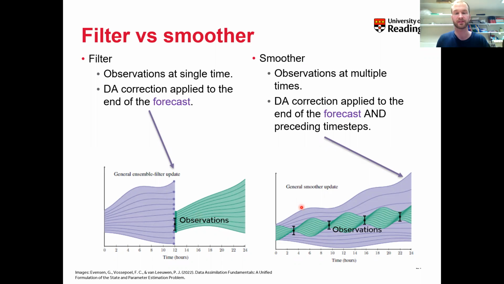Using something like a smoother prevents these jumpy corrections from happening.